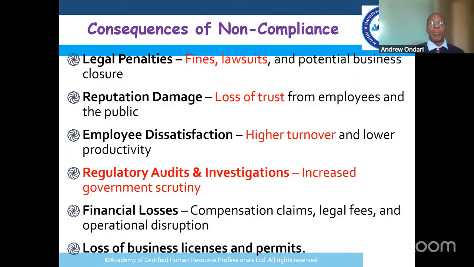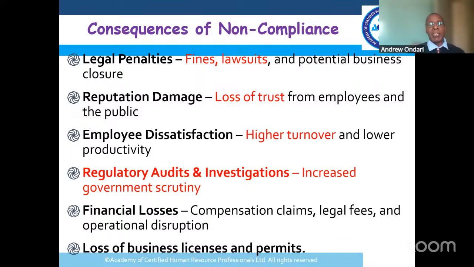Probably it wasn't your mistake, but somebody committed an offense, either unknowingly or knowingly. And this wastes a lot of your time in the corridors of justice. So lawsuits are expensive in terms of your time and the time of the organization.